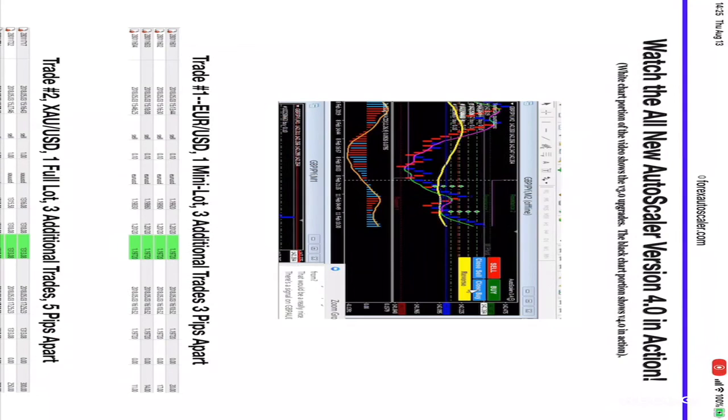But I want to see if we're actually going to get up and touch and possibly even clear the weekly pivot.